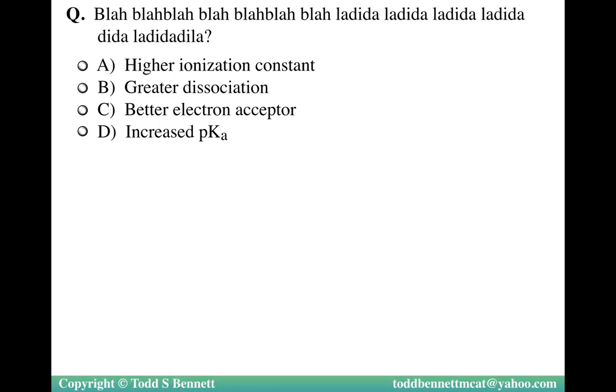Okay, why do these definitions become key? So let's say you're going to take a standardized test at some point. I just want to point out that for this one, I don't know what the question is asking me, so I just have to look at answer choices. Higher ionization constant. So ionization constant is the products times one another, so kind of like a solubility product. This is an ionization constant, how much it turns into ions.